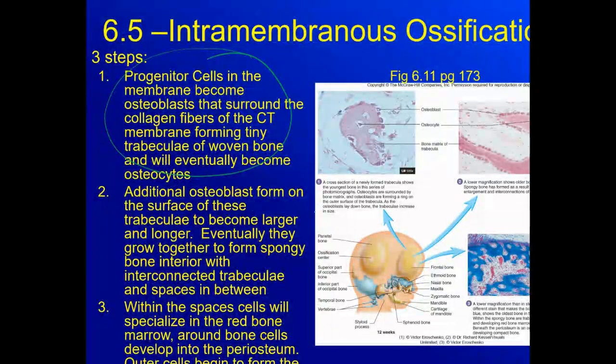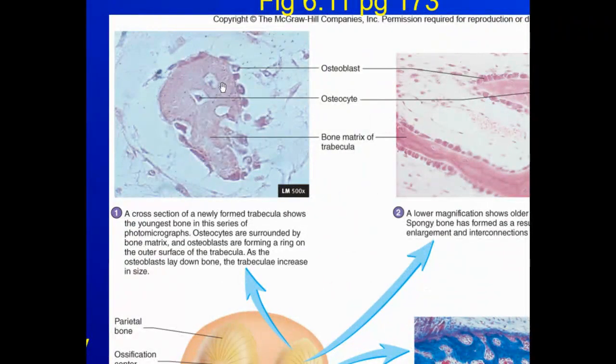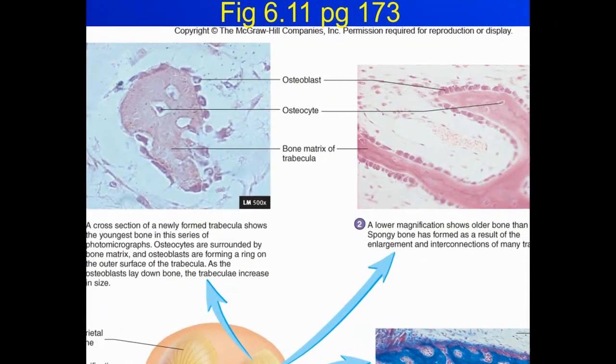Additional osteoblasts form on the surface of the trabeculae, making them larger. Eventually, they grow together to form spongy bone. So this is one little thing, but if you look here, I'm starting to actually grow that kind of network of trabeculae in the spongy bone.